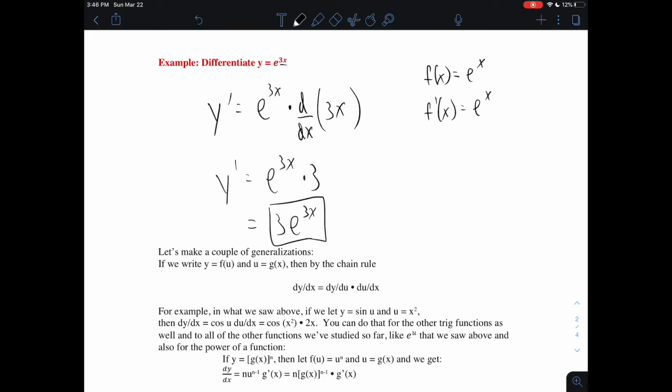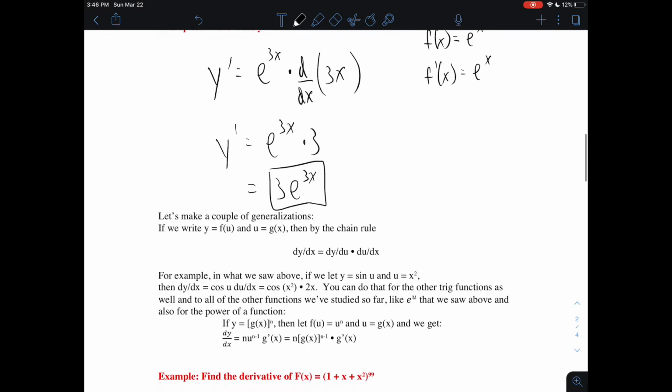From those last couple of examples, we actually can start making some generalizations. First of all, if we think of y as a function of u, and u as a function of x, then we can say y is equal to f of u, and u is equal to g of x.